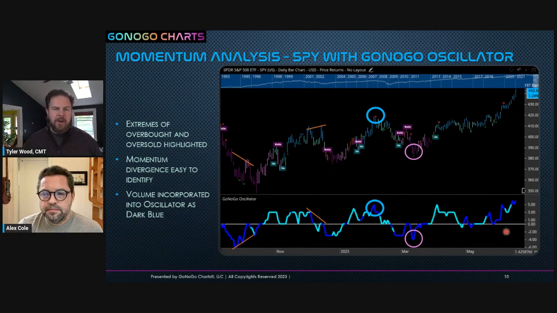And when it turns to dark blue, we have heavy relative volume over that look back period. So it's going to give us that same weight of the evidence showing that there is market participation. There's heavy volume behind this upside move and the positive momentum that we're seeing supporting price action to the upside. So yet one more piece combined and blended into a single oscillator that's going to keep our analysis short, sweet, and simple to read.